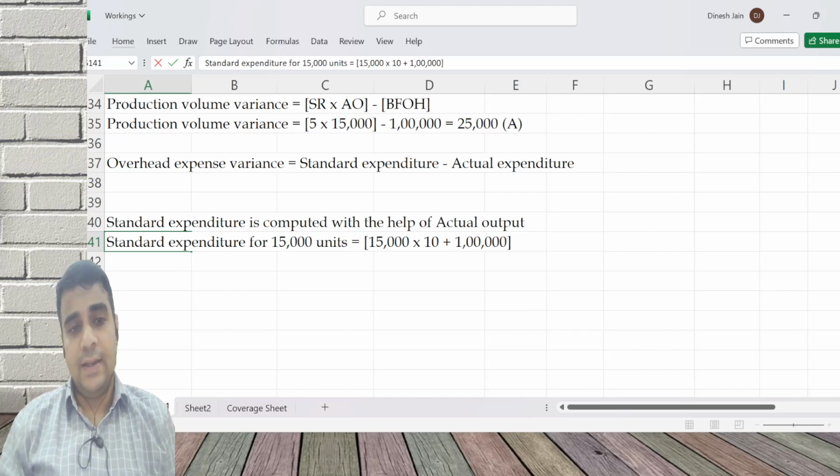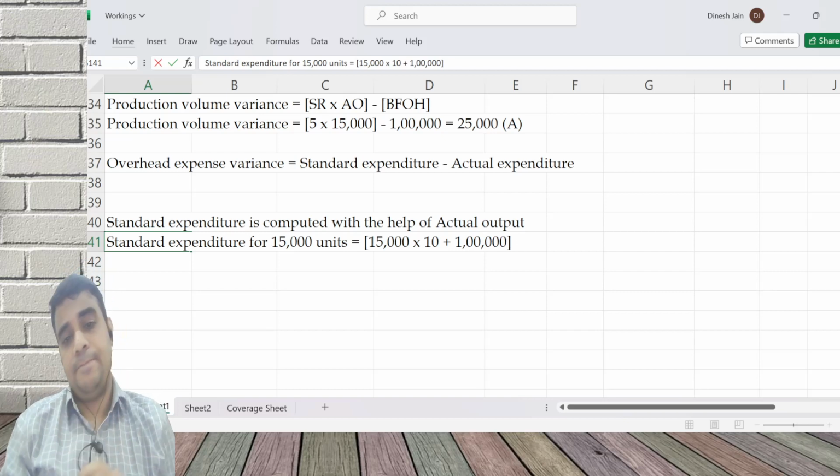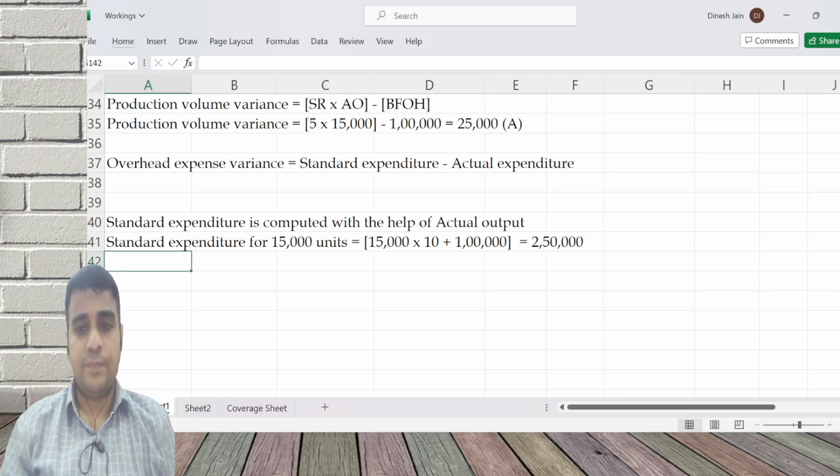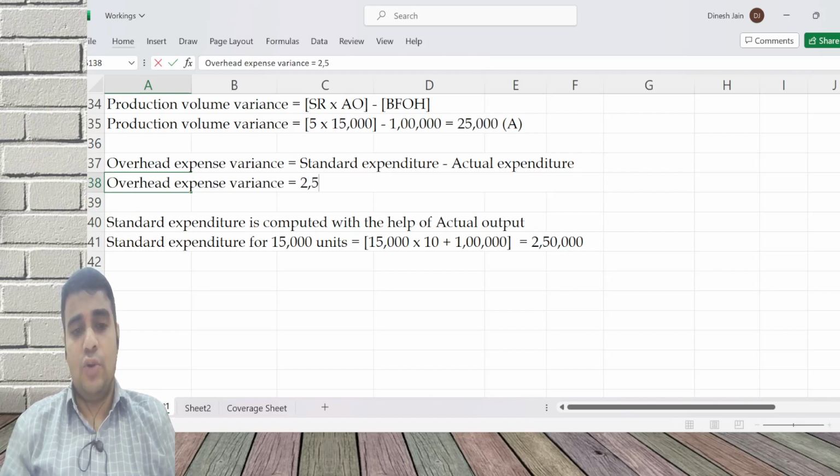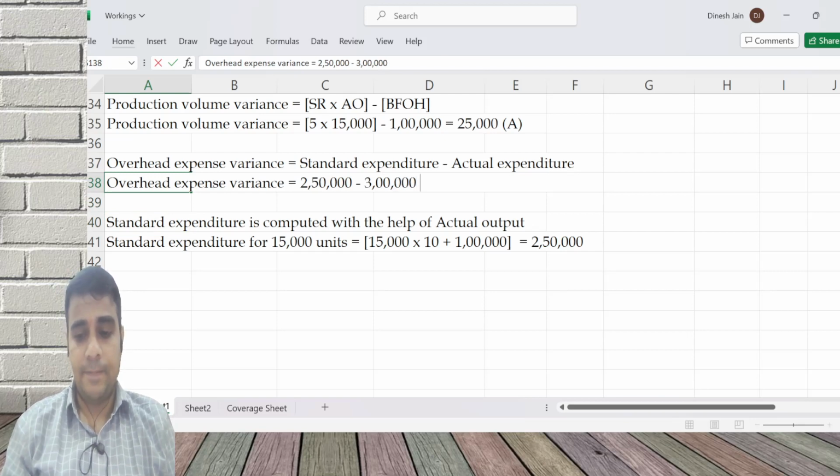That is 2,50,000, what I should incur. Actual expenditure breakup is not known, which is why we are clubbing them together. Actual is 3 lakh.